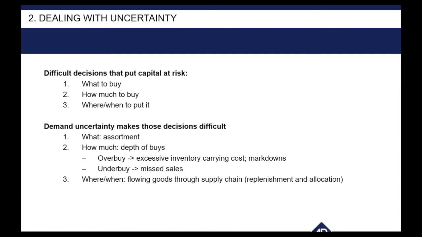And if one of the 2 components is not there, or is there at the wrong time or the wrong place, the chemistry doesn't execute in its full potential. So flowing goods throughout the supply chain, whether it's from vendor to warehouse, or even more tactically from warehouse to store, is another decision that is highly affected by consumer demand uncertainty.